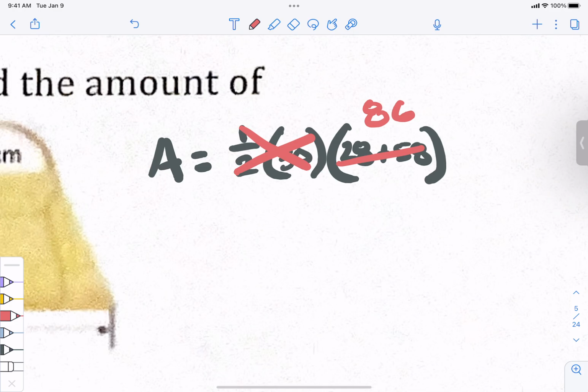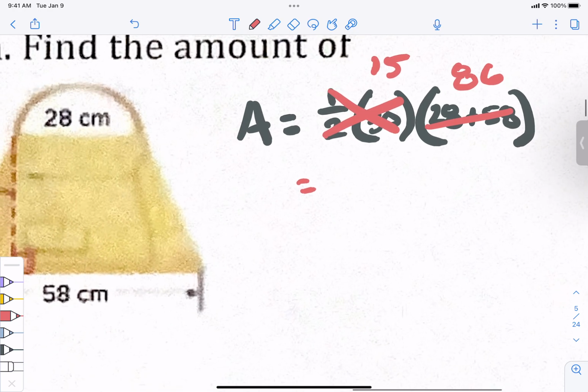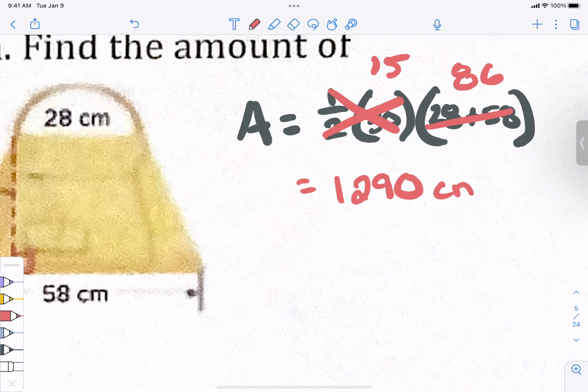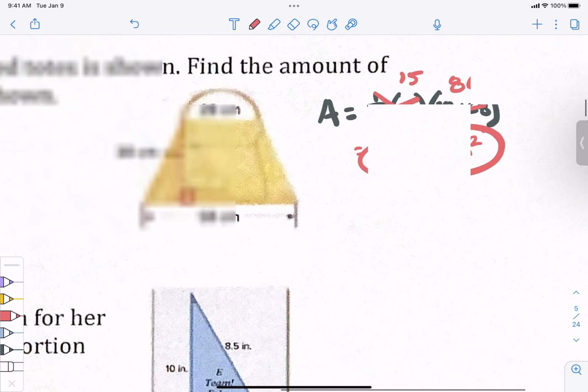Half of 30 is 15, so 15 times 86 is 1,290. Yes, that's correct, because that's what we got this morning. Centimeters squared, because it's area. Half the height times base 1 plus base 2.